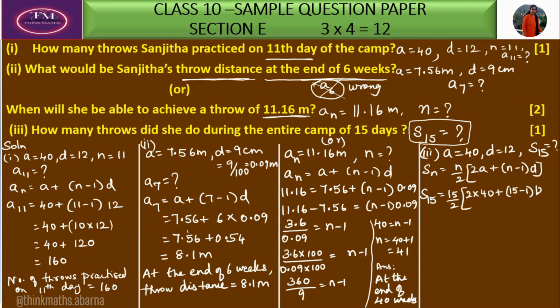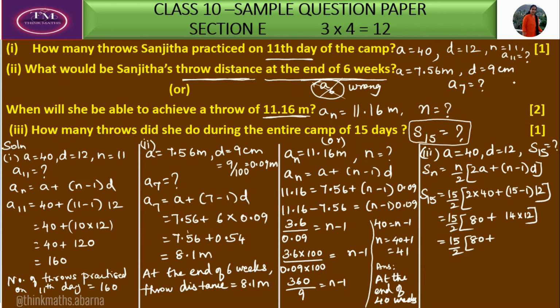What is d? It is 12. So 15 by 2, 2 into 40 is 80 plus 15 minus 1 is 14, so 14 into 12.